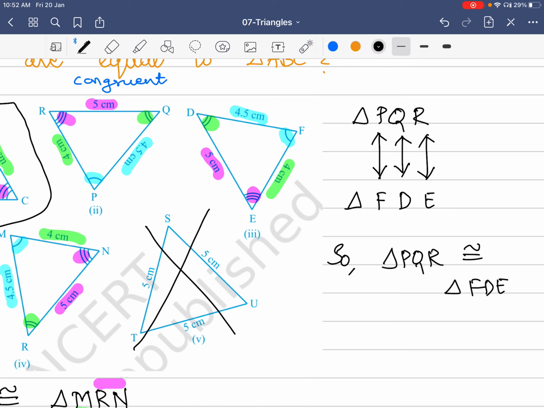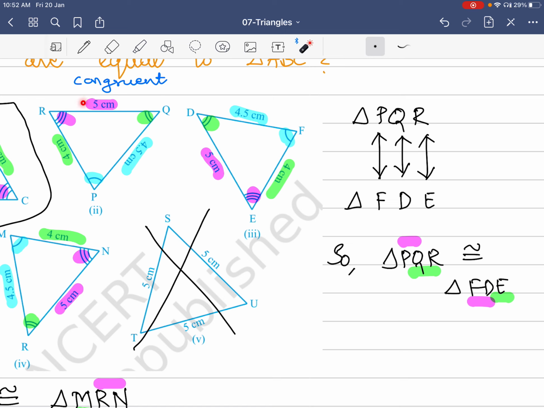Note this also satisfies the sides congruency. So PQ and FD. Let us cross check. PQ is 4.5, FD is 4.5. Next, we have QR and DE.